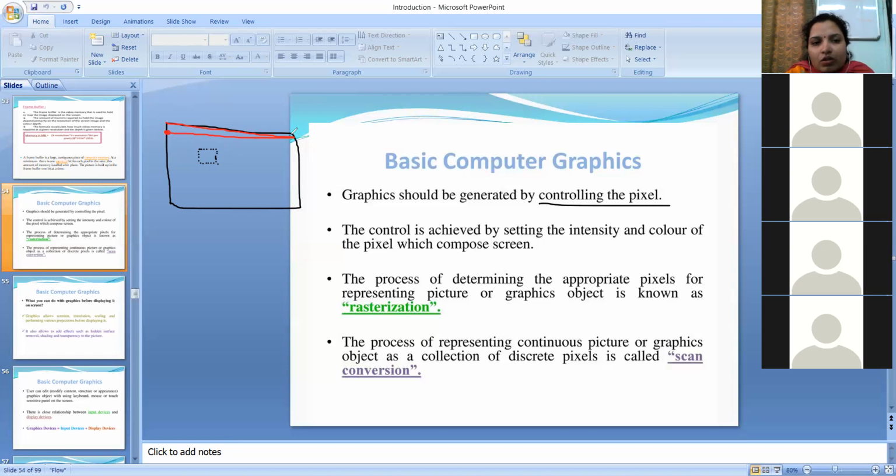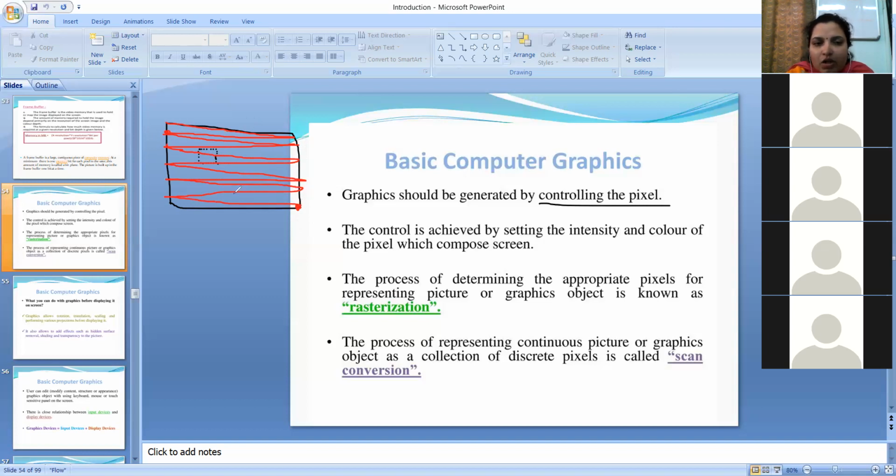The control is returned back and the process is repeated again. So scanning towards right and returning the control to the next element, which is on the left hand side. In this way, I am going to scan the whole screen until I reach this particular point, which is the bottom right corner. This process of drawing the image in a zigzag manner is repeated till I reach here.